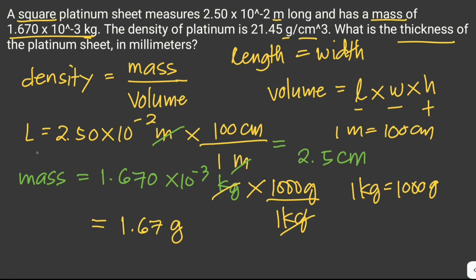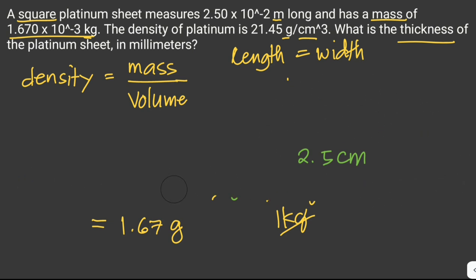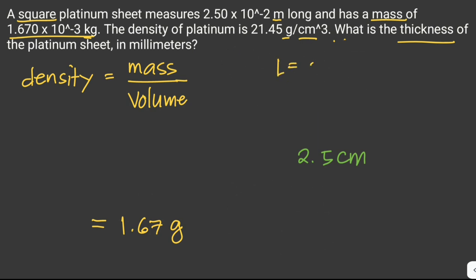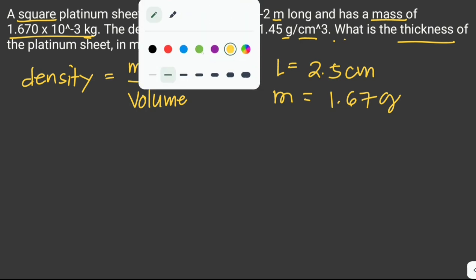So our length is 2.5 centimeters, and then our mass is 1.67 grams. All right. Then we plug in everything to the formula.